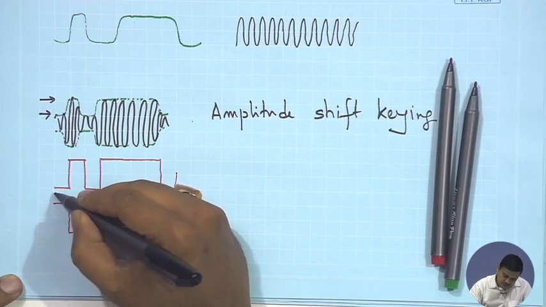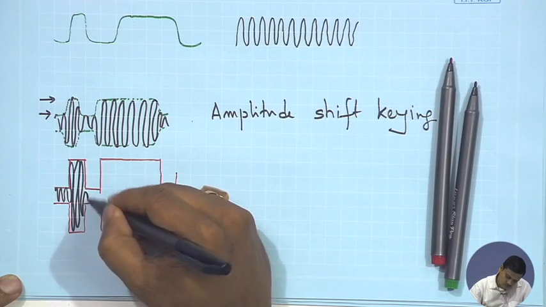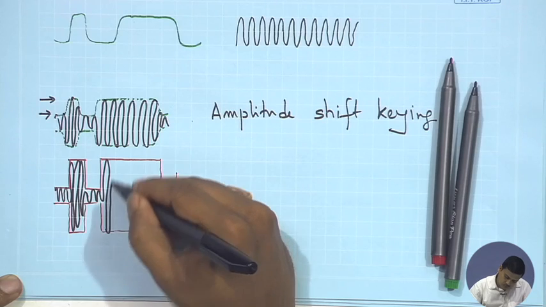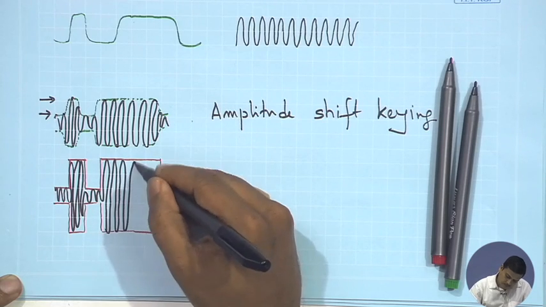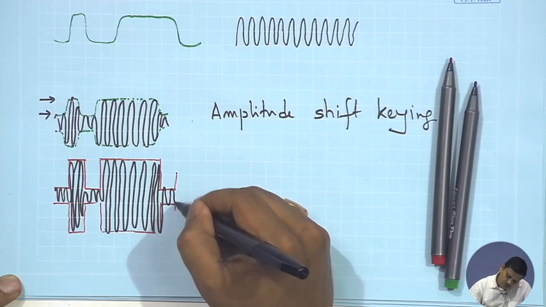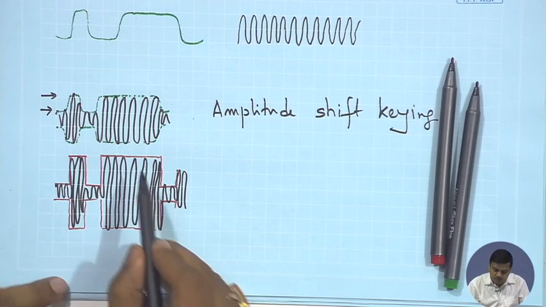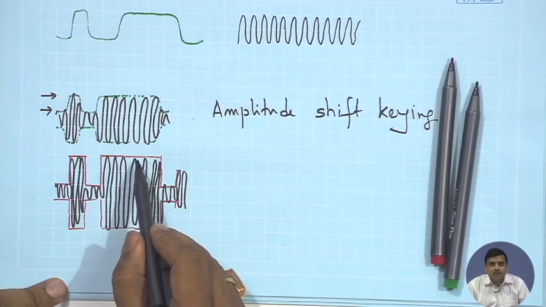All I am trying to tell you is that you can still use your knowledge of analog communications to transfer digital information, and it will become a digital communication system.